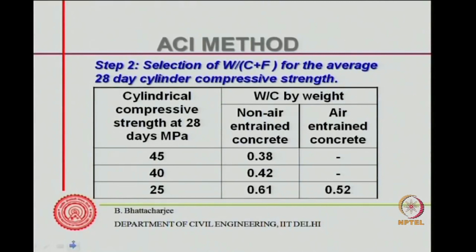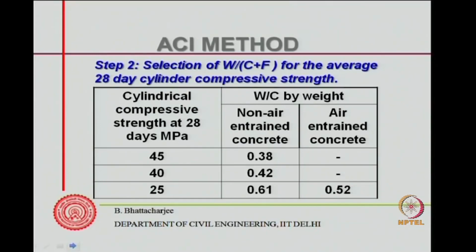But what is average strength? You see, when we are talking of IS method, we talked of target mean strength FM, which was FCK, that is your characteristic grade strength plus 1.65 sigma.